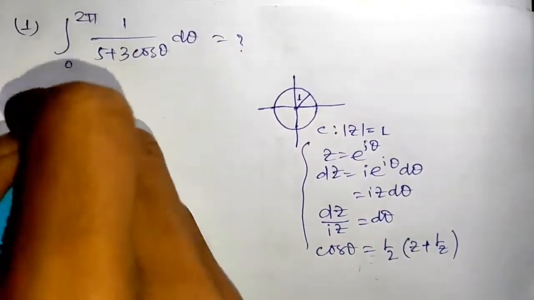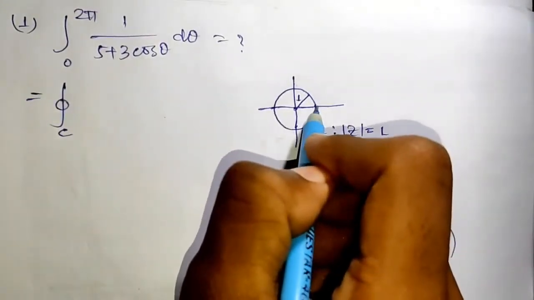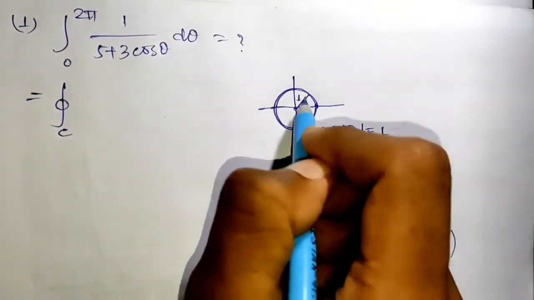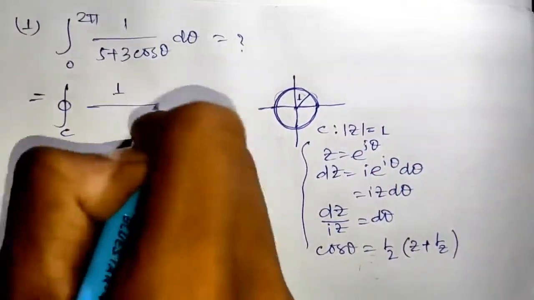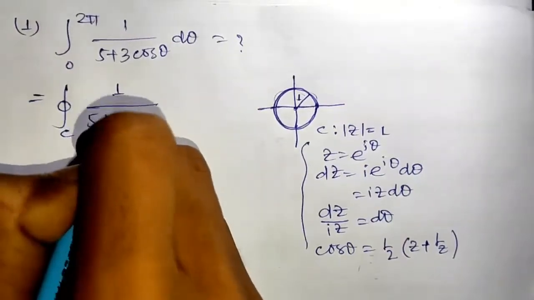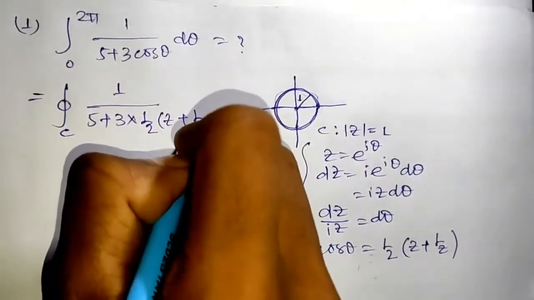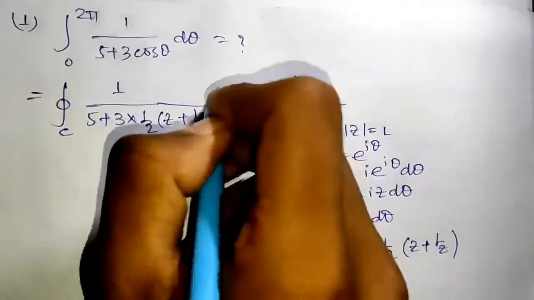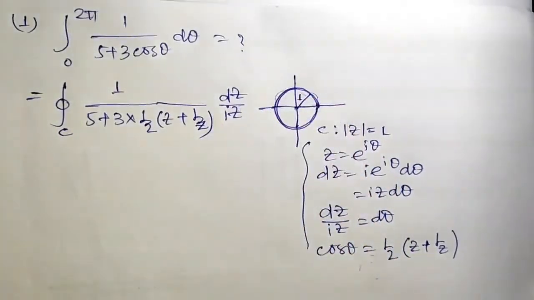So this integration becomes, over the closed curve C, because 0 to 2π is the closed curve C, 1 upon 5 plus 3 into 1 by 2 (z plus 1 by z), and dθ is dz by iz.